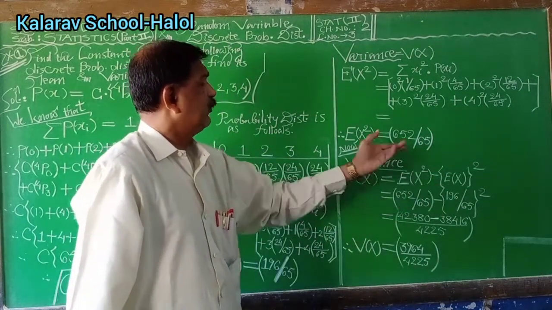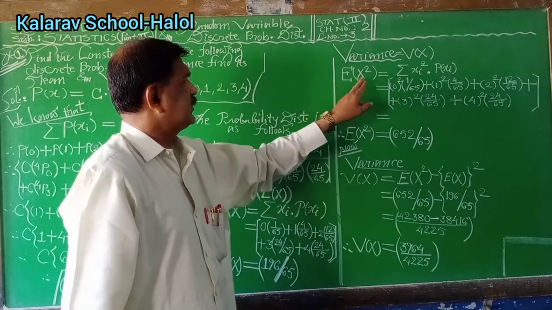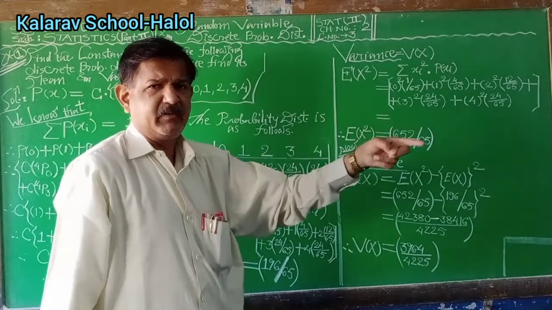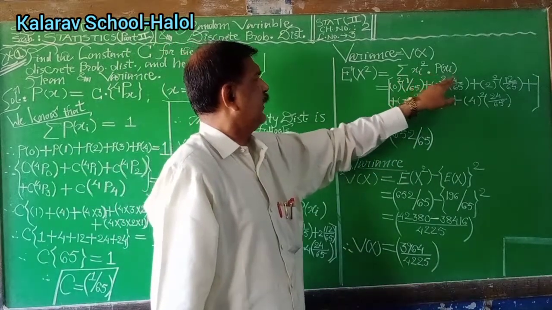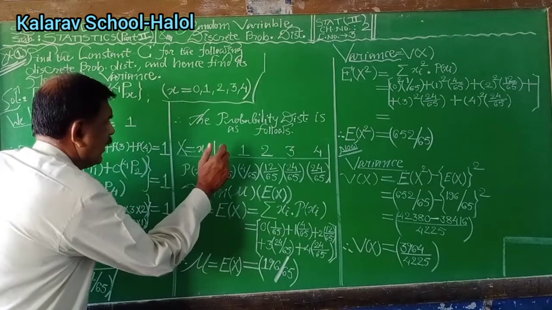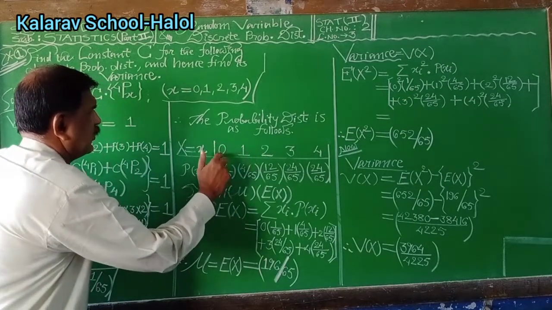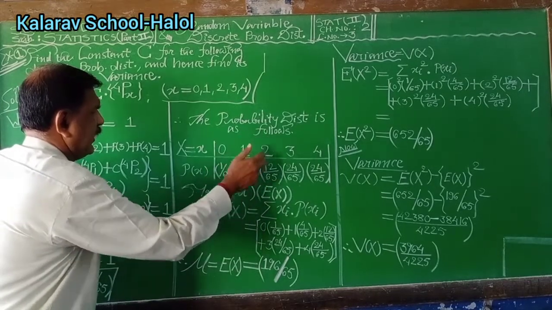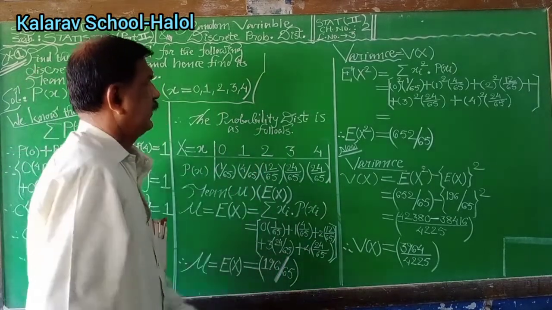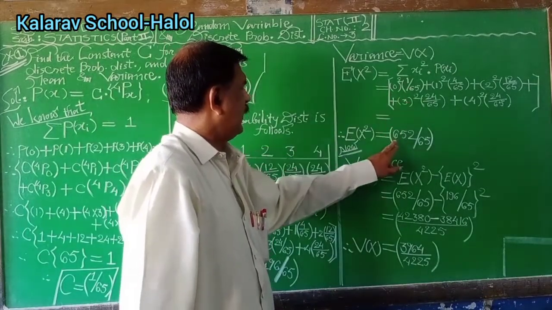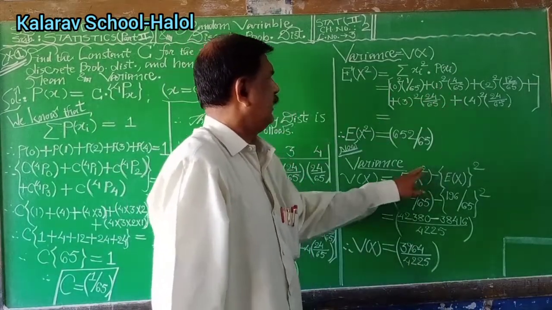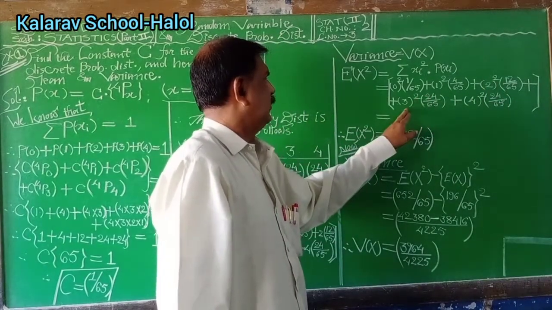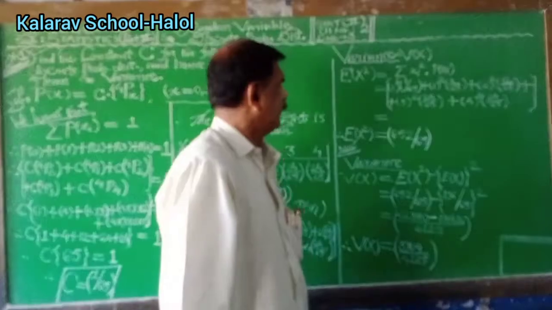But E of x square, how to determine E of x square? E of x square means expected value of the random variable x, its square. Sigma xi square into P of xi, means we have to make the square of the value of the variable. 0 square into its probability, 1 square into its probability, 2 square into its probability, and so on. 0 square means 0, then 1 by 65, 4 by 65, 12 4s are 48 upon 65, 24 9s are 216 upon 65, and so on.